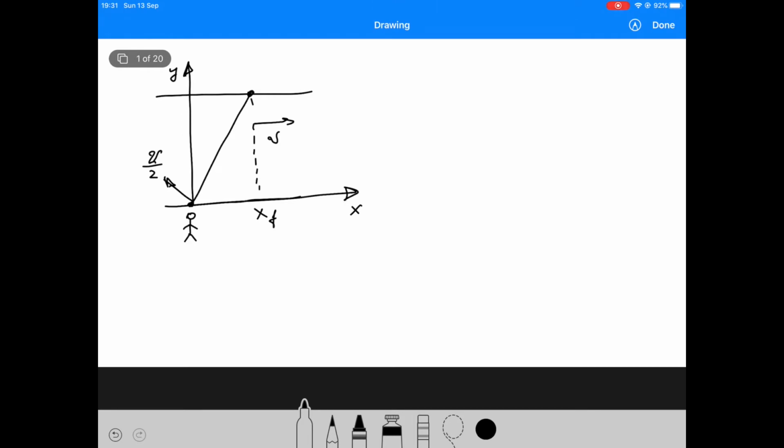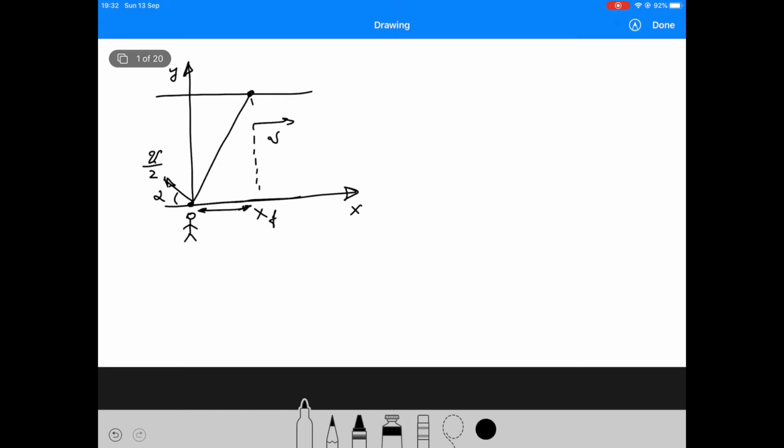This is the distance which should be minimum. It's the distance along which this boy will be carried by the water flow, and our task is to find this angle alpha at which his velocity should be directed in order to make this distance xf minimum.